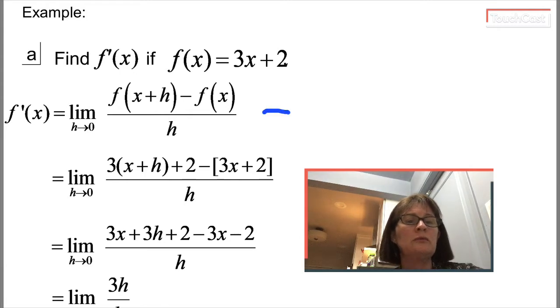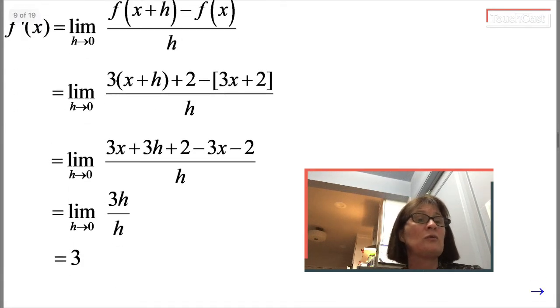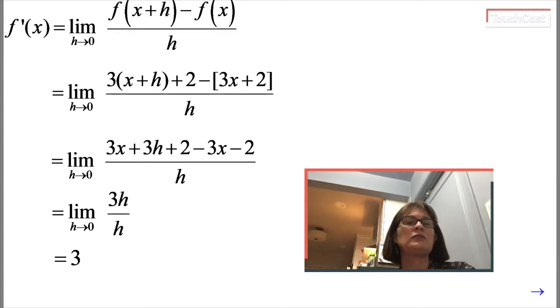I notice my 3x's cancel, my plus 2 and my minus 2 cancel, and I end up with 3h over h, which I can simplify. Really, this is the limit as h goes to 0 of 3, which is 3.